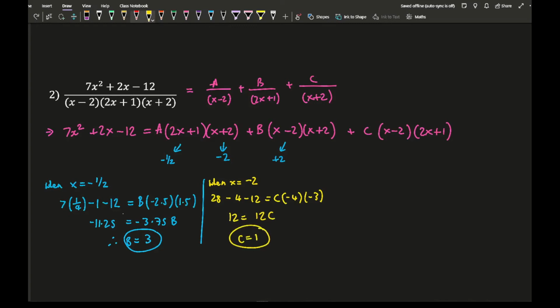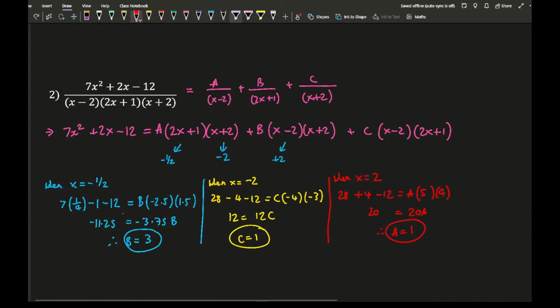And then finally, when x equals 2, I end up with 28 plus 4 minus 12 equals, and keep a, which is 5, 4. So simplifying this, I get 20 equals 20a, so therefore a equals 1. And they're my three values.